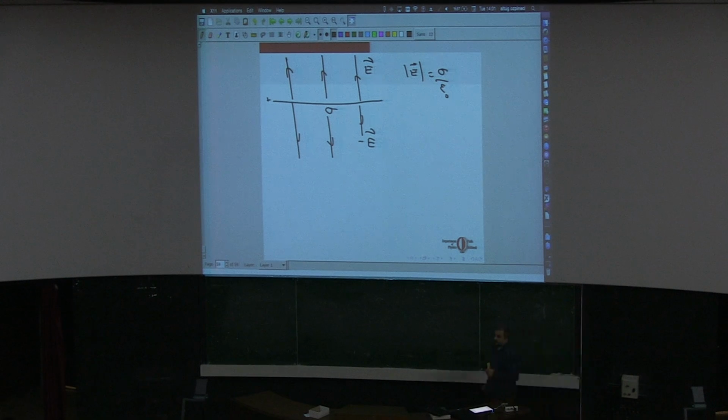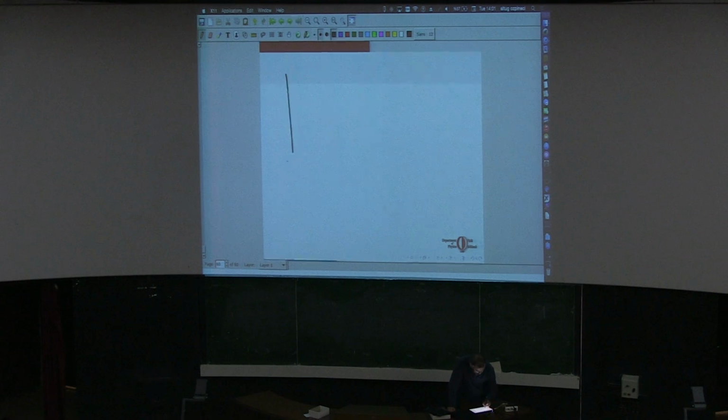Now, if you put two of them side by side, here we have some positively charged plate, and here we have a negatively charged plate. Now, the question is, what is the electric field everywhere in the space? What is the electric field here, here, and here?